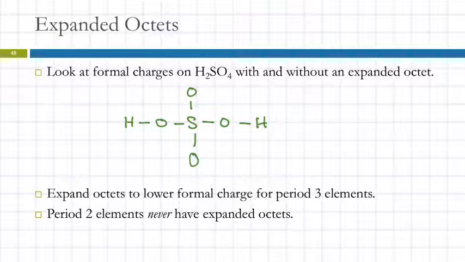Counting up electrons, there's 2 hydrogens, and there's a sulfur, and 4 oxygens. So that's what, 32? No, 24, 30, yeah, 32.